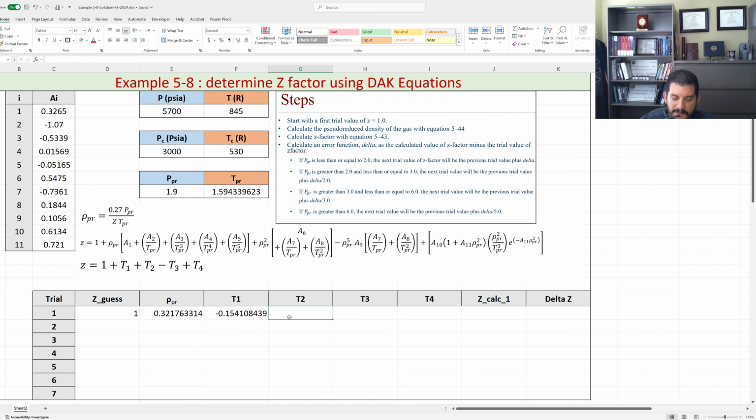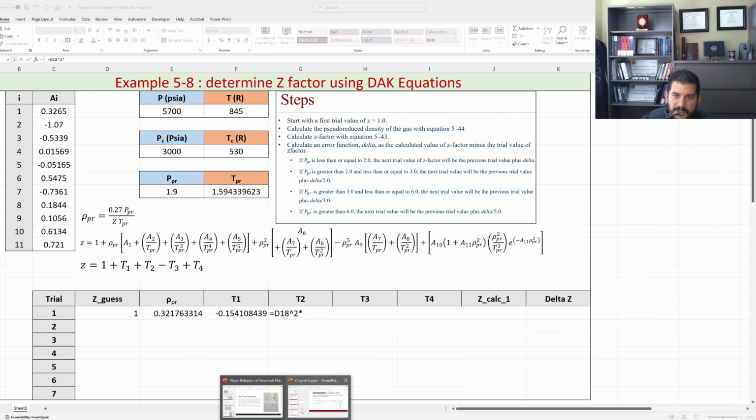We'll do the same thing for T2, so it will equal the pseudo reduced density, not locked, up to 2, times. Okay, now I see times plus. So let me check the equation again to make sure it's accurate, the one we're using.